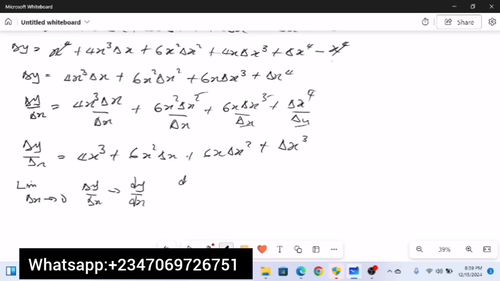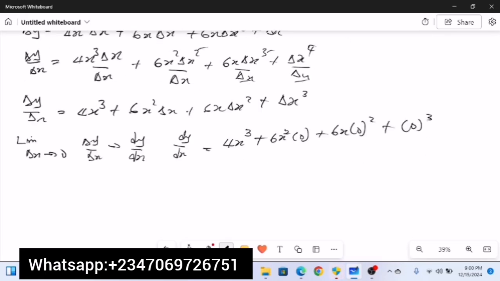Therefore, dy over dx is now going to be equal to 4x to the power of 3 plus 6x squared times change in x, but change in x now is 0, plus 6x change in x squared, so you have 6x times also change in x is 0 all squared, plus change in x cube, change in x itself is also 0 all cube.